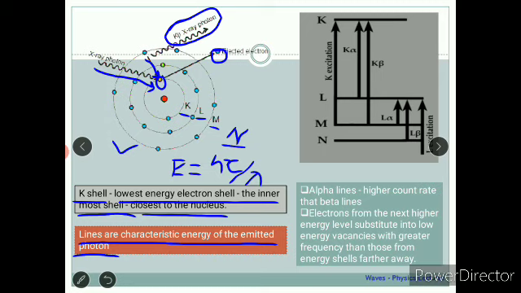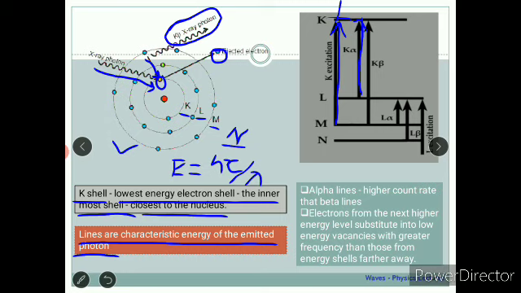Okay, so what happens is, if there is an electron which is knocked out from the K shell, and then we have an electron from a higher energy level, let's say M, going and filling up the K shell, there will be radiation coming out. There is also a chance that an electron will go from the L shell to the K shell.